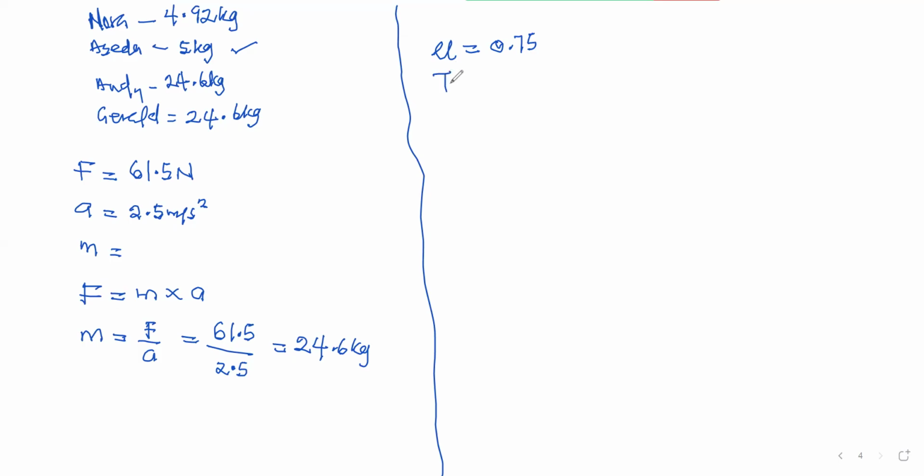We are told the tension in the string is 74 Newton, and the mass of the particle is 8 kilogram.